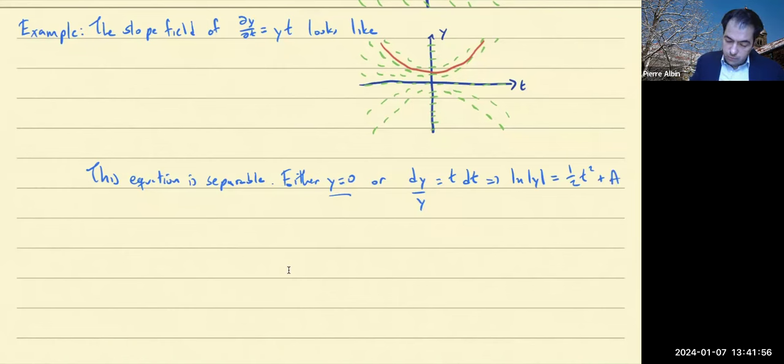Okay, so we can keep going, right? If y is not equal to 0, then I can exponentiate both sides and get that the absolute value of y is equal to e to the 1/2 t squared plus a, right? So that's e to the a times e to the 1/2 t squared.